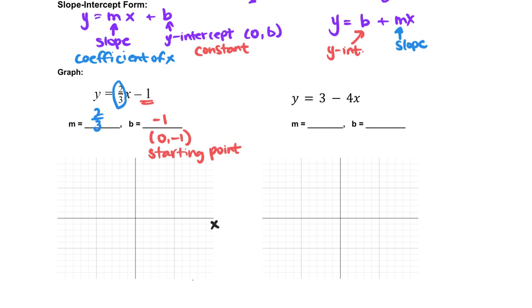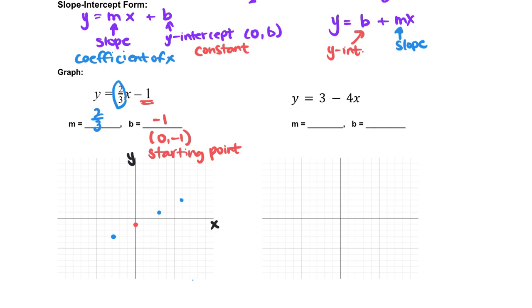So x-axis, y-axis, and we would start by plotting that at -1, and then we would use our slope from that point and go up 2 to the right 3. If you go down 2, you're going to go to the left 3, and that is because 2 negatives divide to a positive.